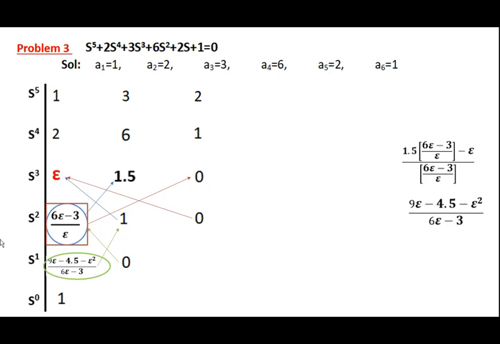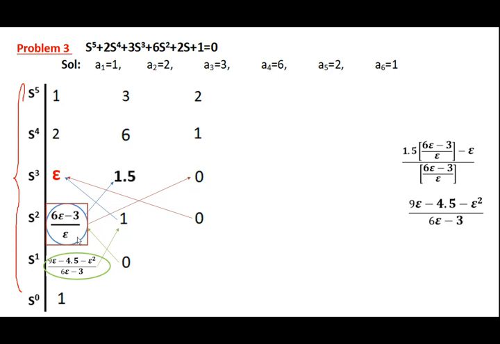So we have completed the construction of the root array, but in order to find out the stability of the system, we don't know the signs of the elements which are present in the first column of the root array, because here we don't know the exact value of the epsilon. After substituting the epsilon value, what you'll get may be positive or negative. We don't know that.